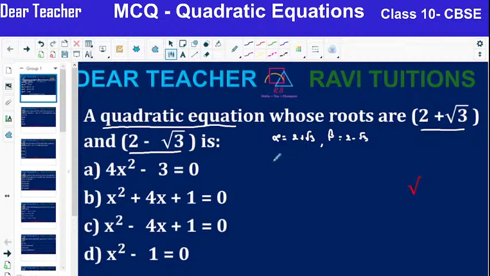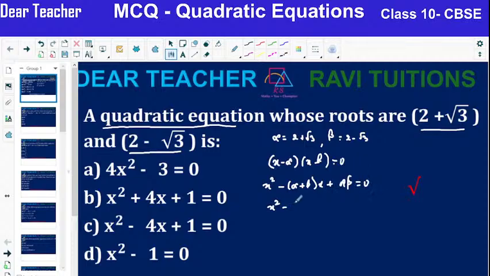Then (x minus alpha) into (x minus beta) is equal to 0. This is a quadratic equation. This is one method I am just giving you. Another method is also there. First let me complete this method. x square minus (alpha plus beta) x plus alpha beta is equal to 0.